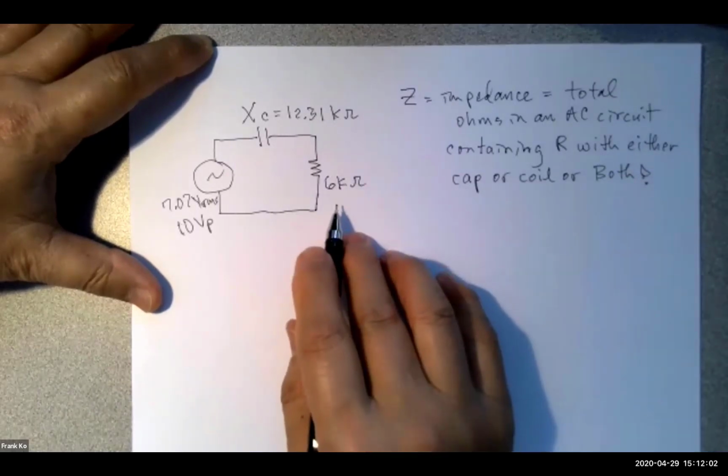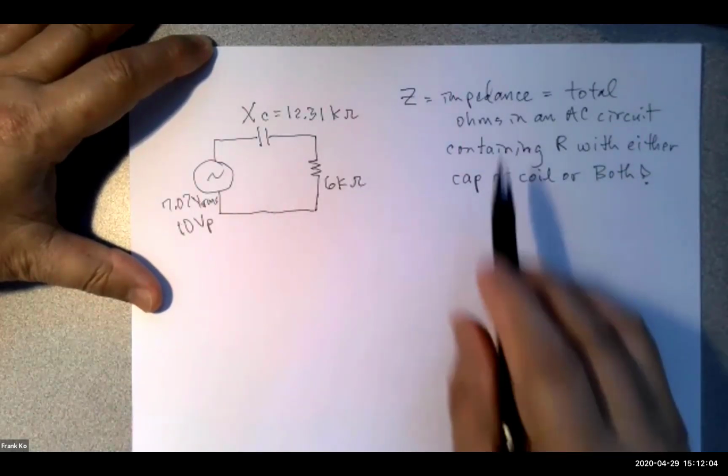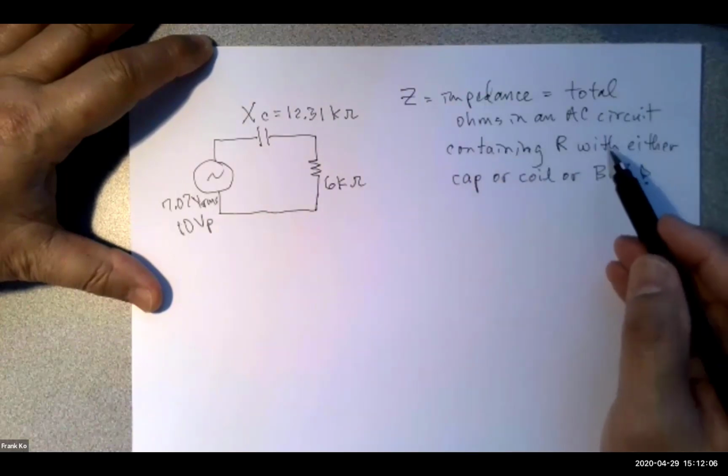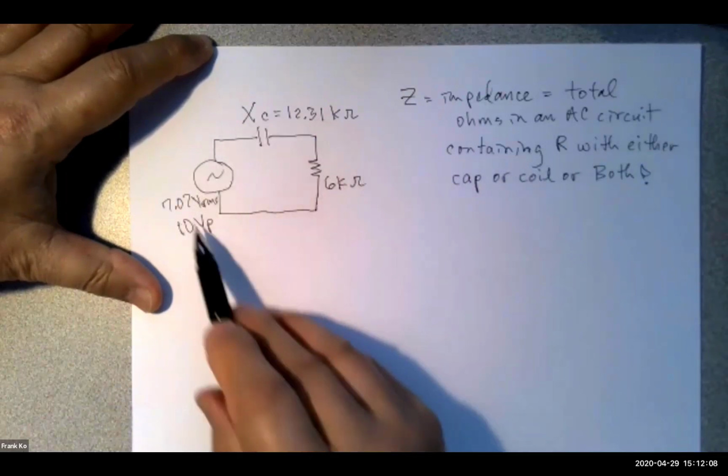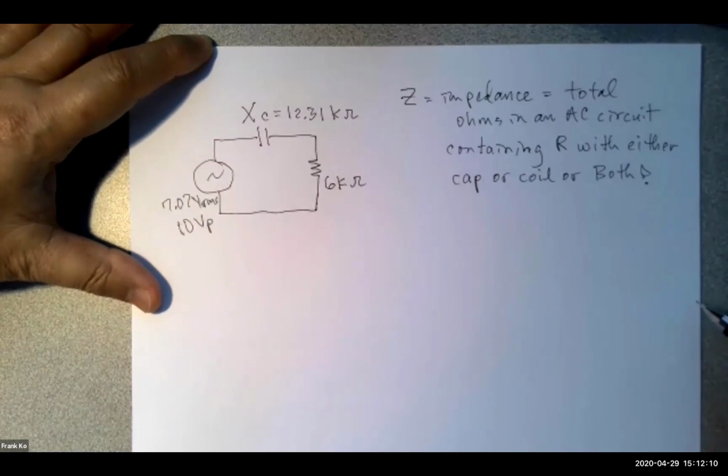So I have 6 K ohms, 12.31. Z is total ohms. What do you think? These ohms are in series. How do you find total ohms if they are in series? How did we find total ohms before?